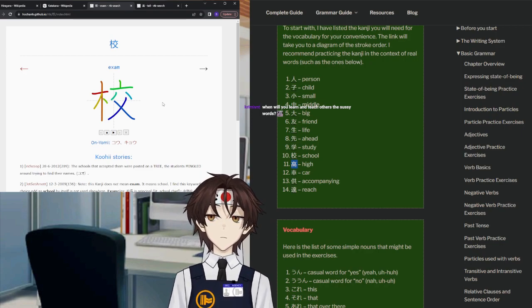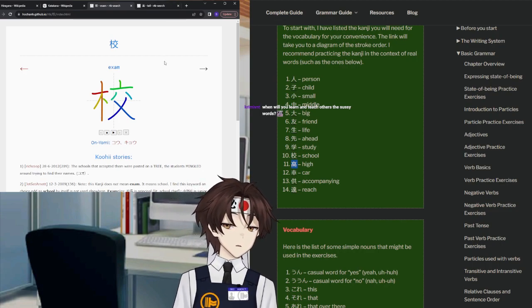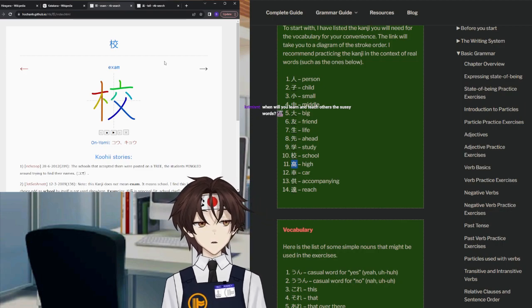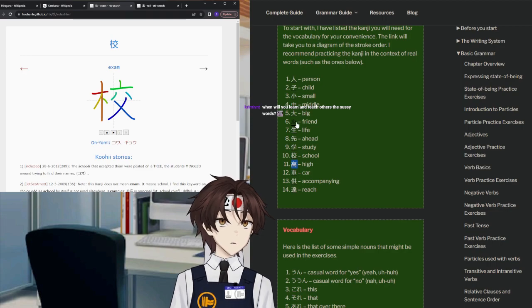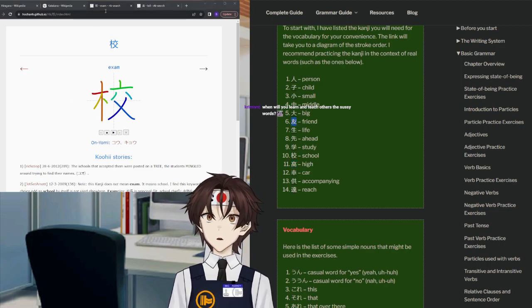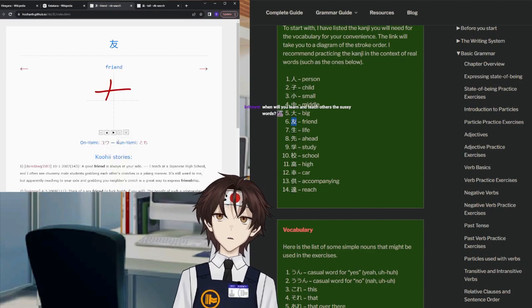That said, I don't know a lot actually, to be honest, Krim. I don't know a lot of sussy Japanese words, other than the fact that this kanji is from a sussy background.